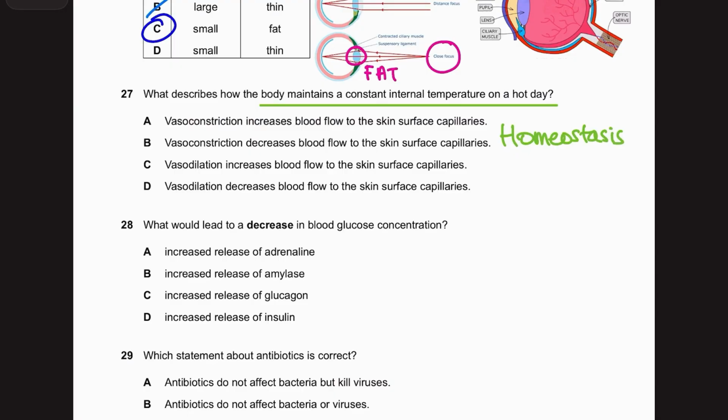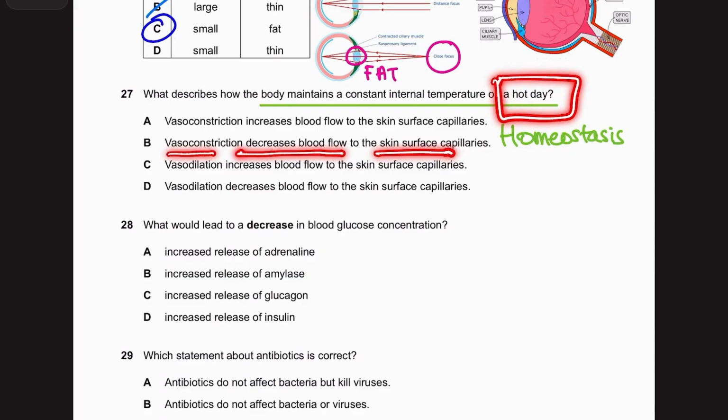Let's look at B. Vasoconstriction decreases blood flow to the skin surface capillaries. This is a correct statement, guys. Right? Just read the statement. Vasoconstriction is when the blood vessels become really thin, and therefore less blood flow ends up on the skin surface. So it's a correct statement, but it's still wrong, because does this happen on a hot day?